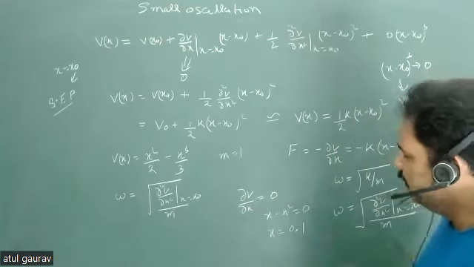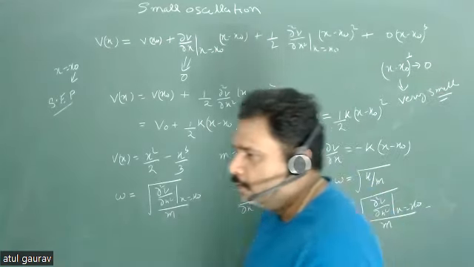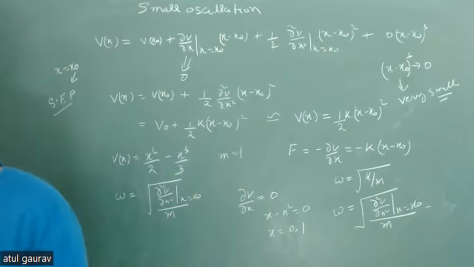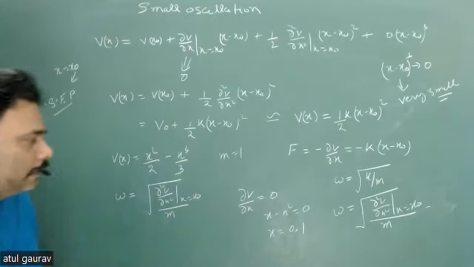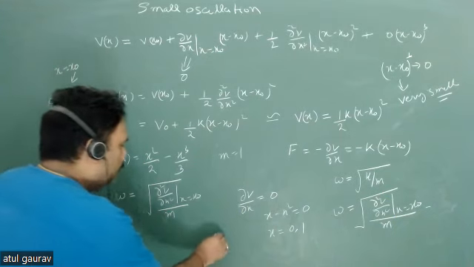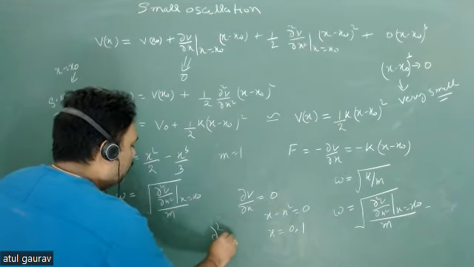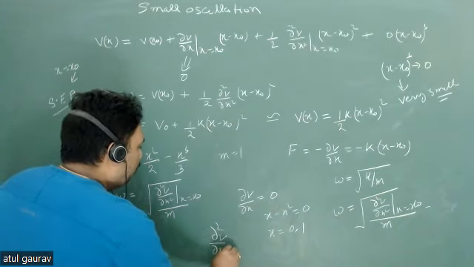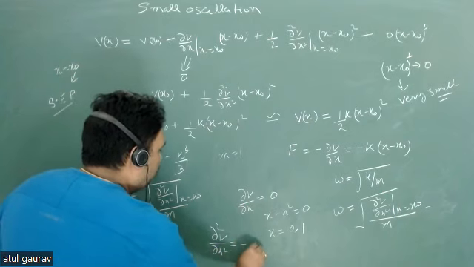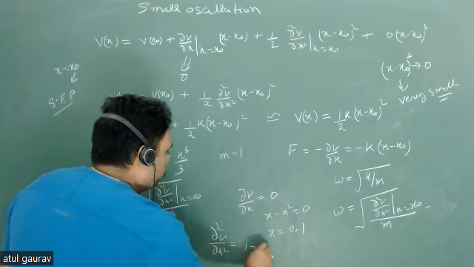So these 2 points are the equilibrium points, but we have to figure out which one is the stable equilibrium point. For that, we have to go for del square V upon del x square, and that value is 1 minus 2x.